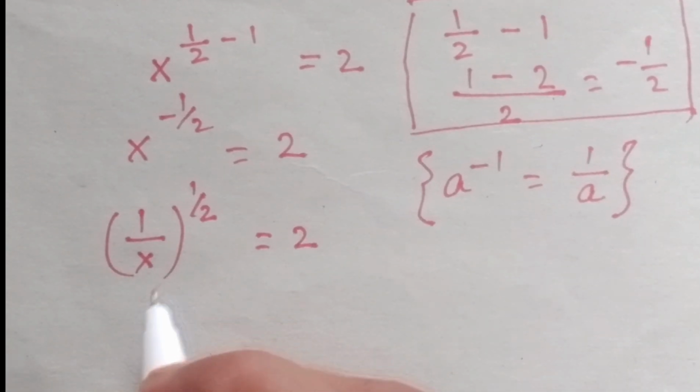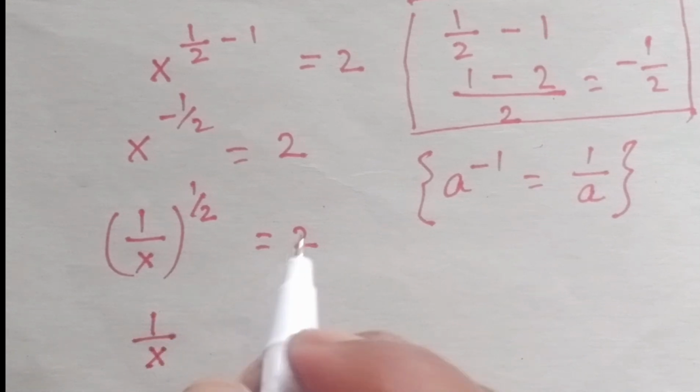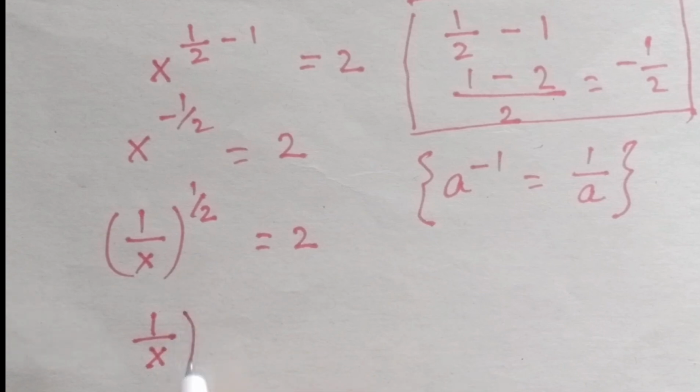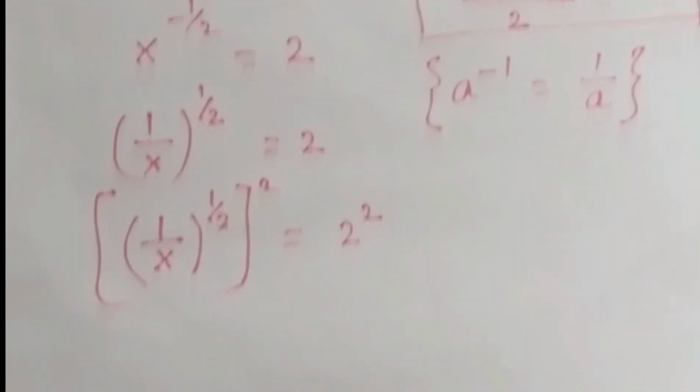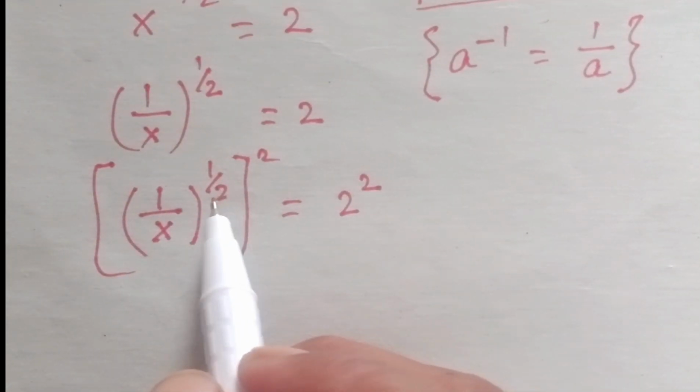So in this case I square both sides. We can write ((1 over x) to the power 1 over 2) whole to the power 2 is equal to 2 squared.